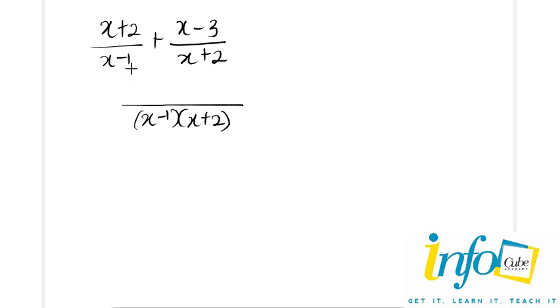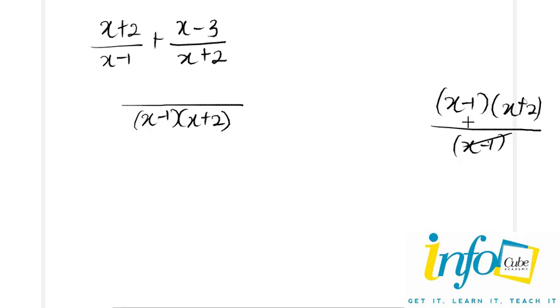Now in this case, when x minus 1 divides the both of them, it will cancel out x minus 1, remaining x plus 2. Watch what I mean here. You have this and you want to divide by x minus 1. Automatically this will cancel out this, remaining this. So you have x plus 2, which is the one on top here, multiplied by x plus 2, which is the one we got from dividing with the denominator.